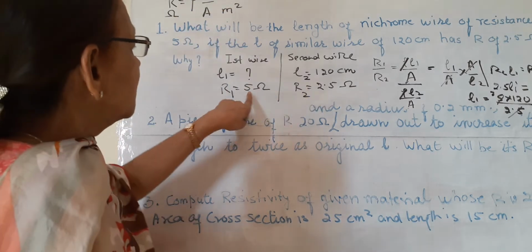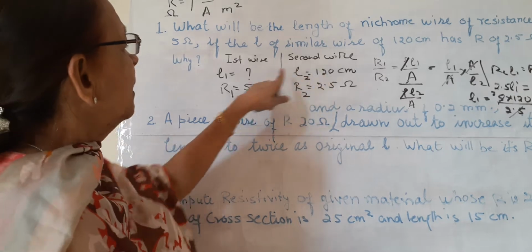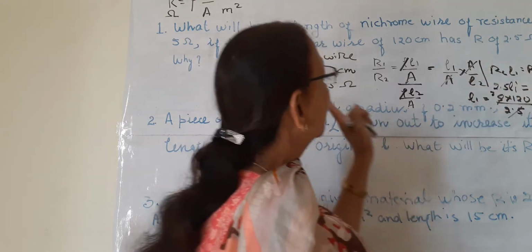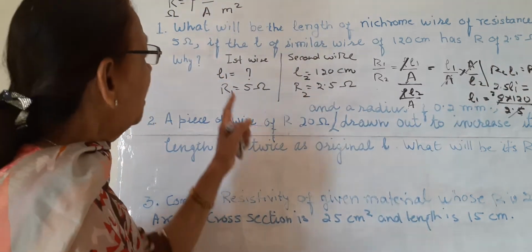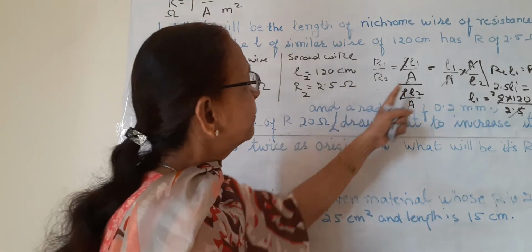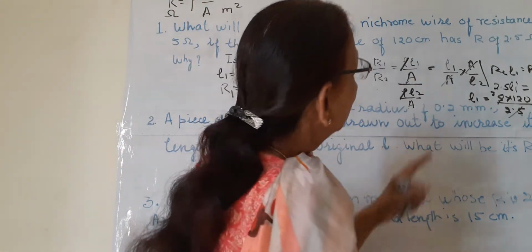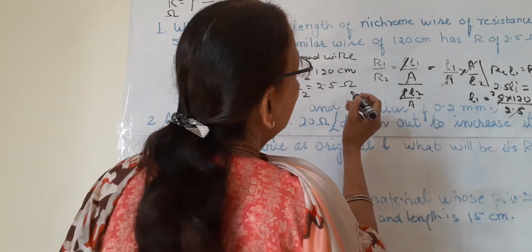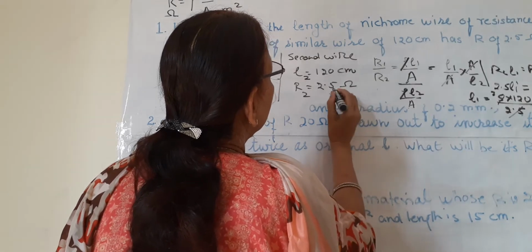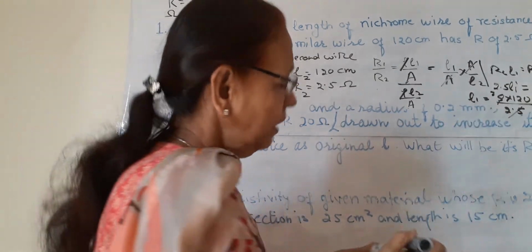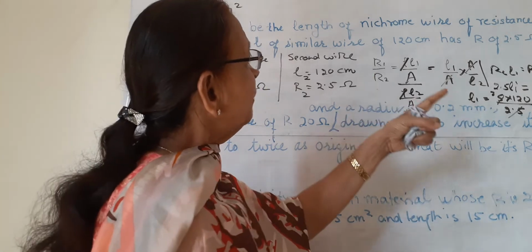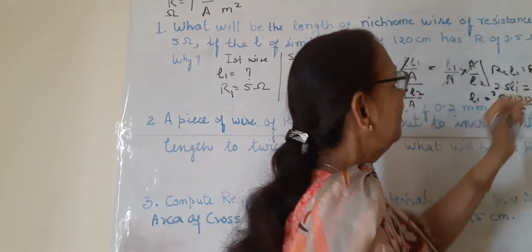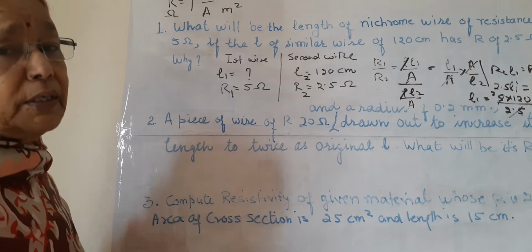So here the resistance is doubled, so the length will also be doubled, and we can calculate mathematically by this ratio formula. The ratio of lengths is 120 is to 240, or 1 is to 2. So the ratio will be 1 is to 2, but we have to calculate length. So the answer will be 240 centimeters.